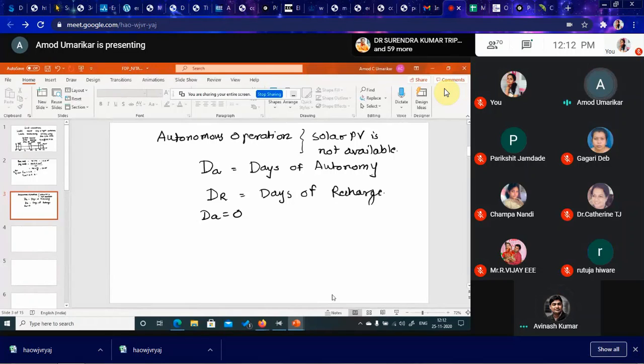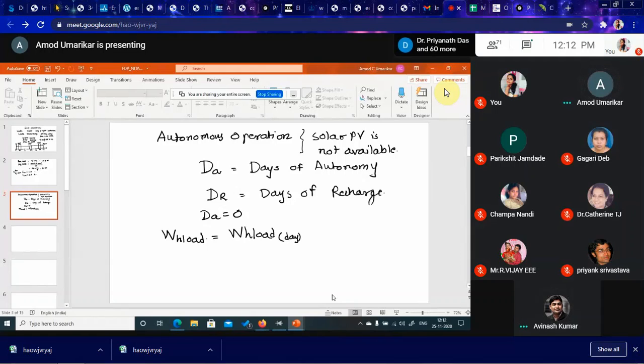Average load, for battery mainly. Okay, so let's say this is a load. Load is mainly decided as day load plus night load. So this is load in watt hour for battery, so load for day.